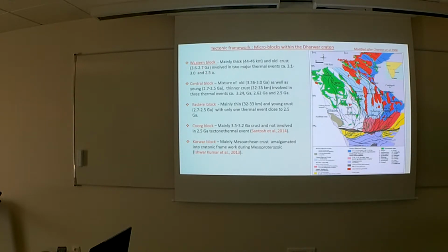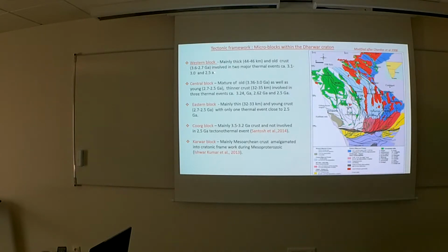It indicates that this is the western block, and you can easily make out the color. This is the western block, which is quite thick, 44 to 46 kilometers today, and it consists mostly of old crust, 3.6 to 2.7, and was involved in two thermal events, one at 3.1 and the other at 2.5.